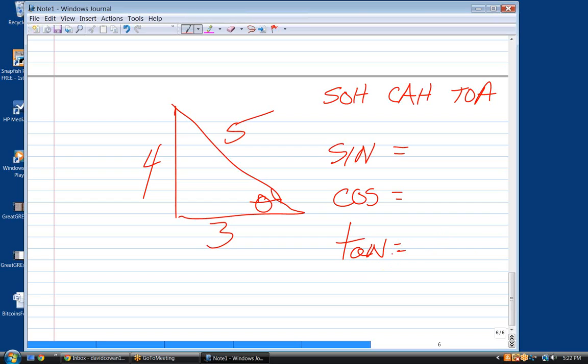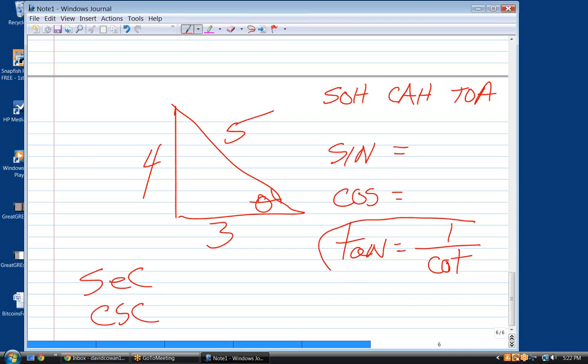The reciprocal function to tangent is cotangent. That's easy enough to remember. There's only 2 others. There's a secant and there's a cosecant. So one goes with the sine and one goes with the cosine. And every pair has exactly 1 co in it. So the secant must go with the cosine and the cosecant must go with the sine.